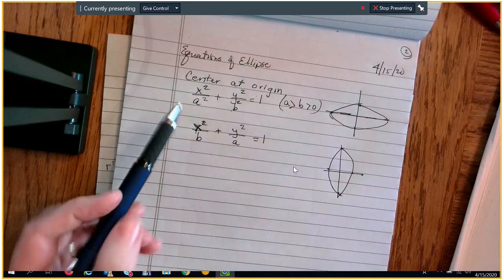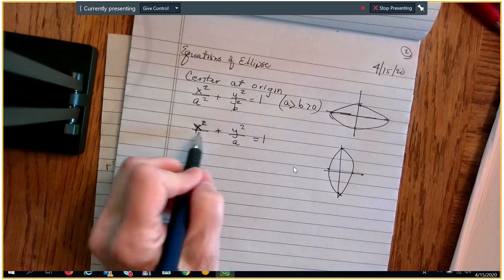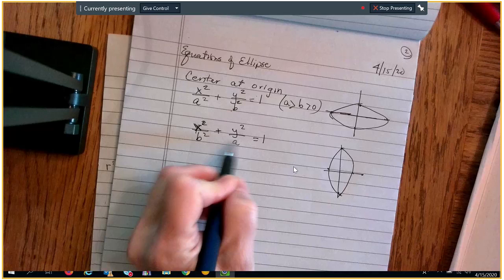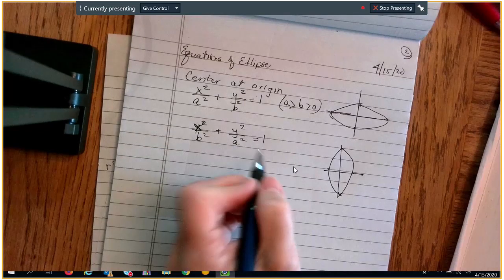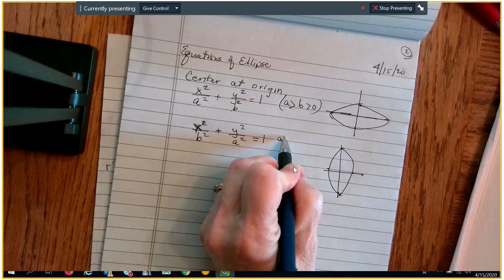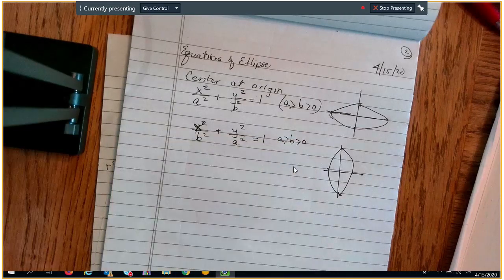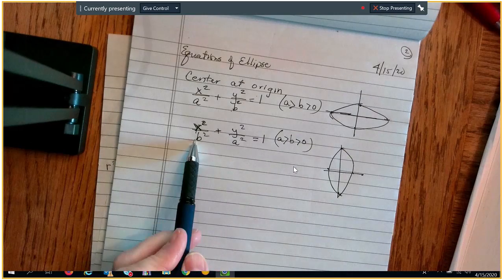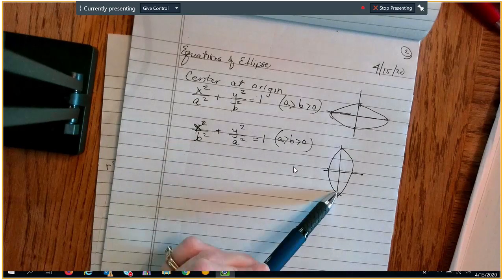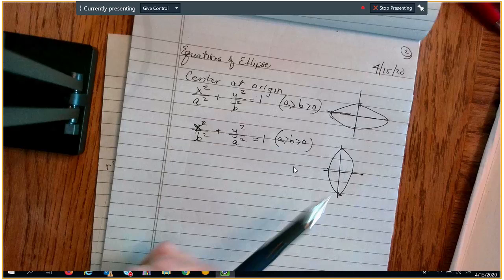When we have the equation x squared over b squared plus y squared over a squared equals 1, the same holds true here: a is greater than b, and b is greater than 0. But the x squared is over the b squared, then that's when the y-axis is going to be our major axis.